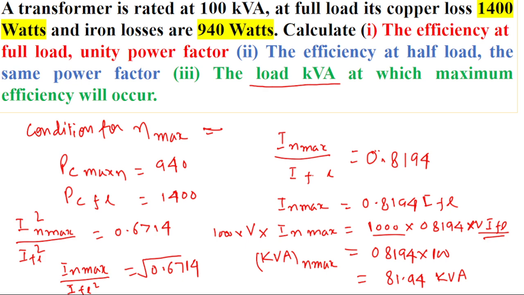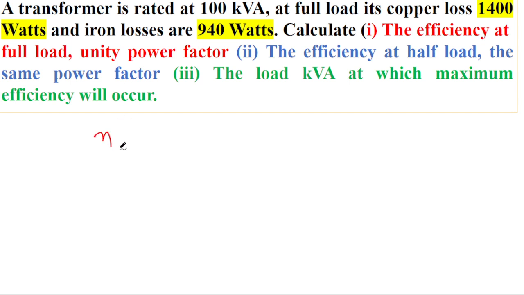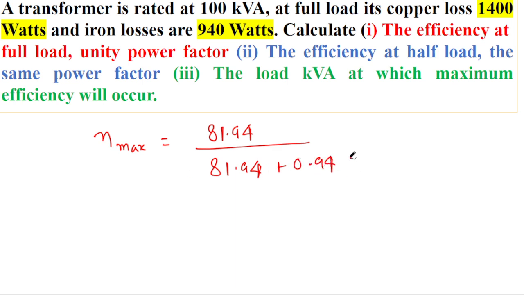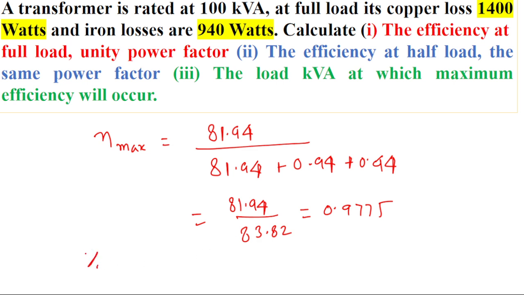So η max will be equal to 81.94, that is the kVA, assuming unity power factor, divided by 81.94 plus 0.94, because PC or PI will be 0.94 kW. The summation becomes 83.82, so efficiency is coming as 0.9775, right? So percentage η max will be 97.75%.